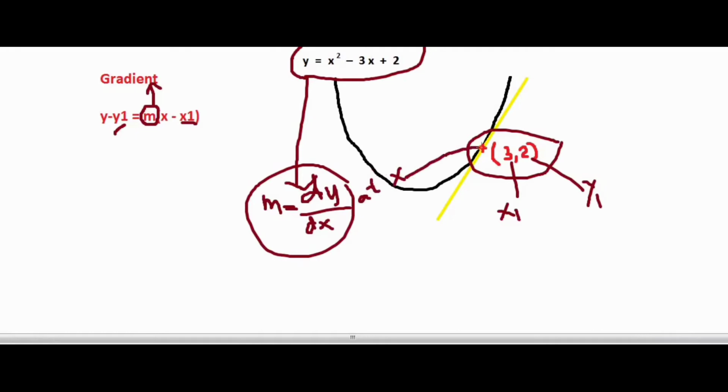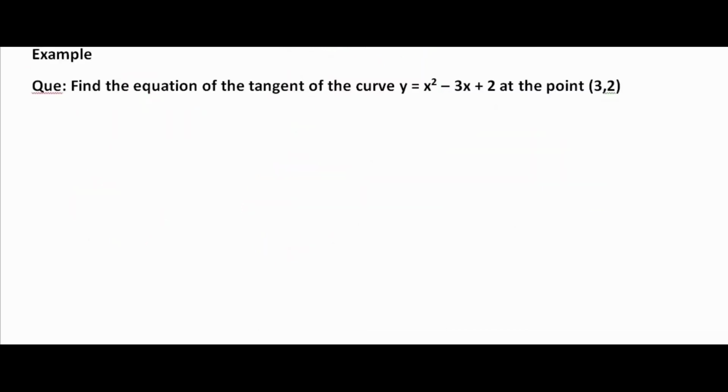So here what is the value of x? Which is 3. So at x is equal to 3, what is dy by dx? That is the gradient of the tangent, not the gradient of the curve, the gradient of the tangent at the point (3, 2).